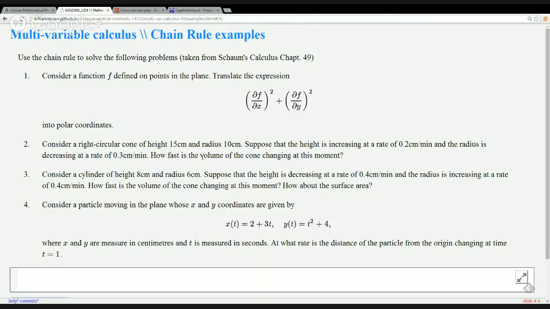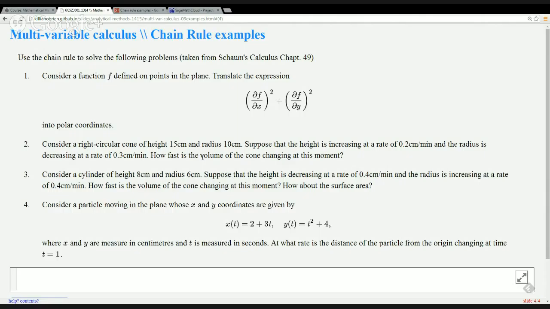So we just start plugging these in. We know what v is as a function of r and h. We know what r and h are as functions of t, so we can put down all these partial derivatives. dv dr is going to be 2/3 pi r h. dr dt is minus 3/10. dv dh is 1/3 pi r squared.